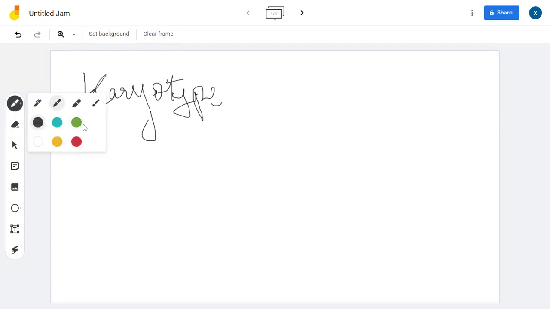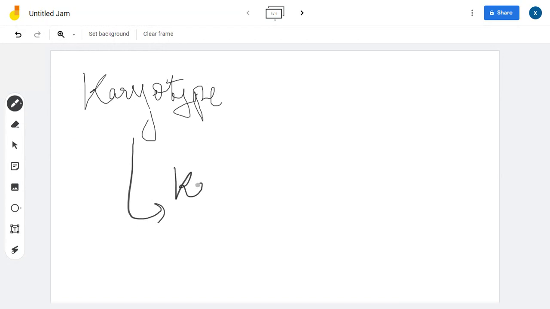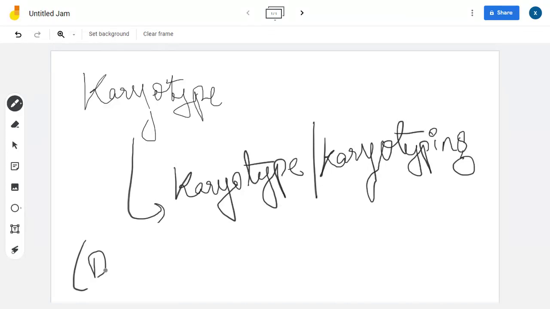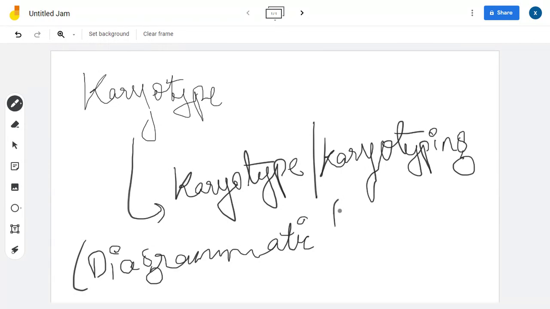So basically, karyotype, or you can say karyotyping, is nothing but the diagrammatic representation of chromosomes.